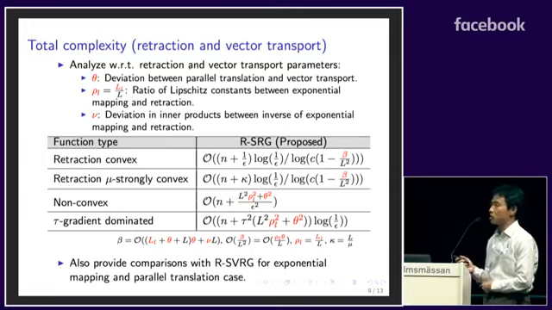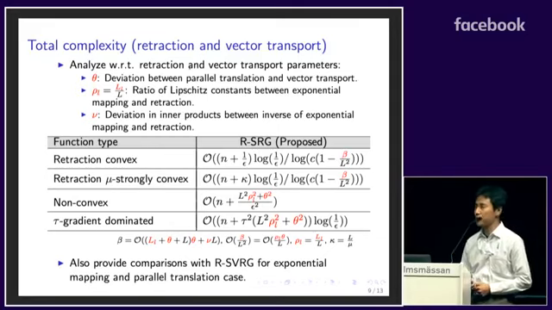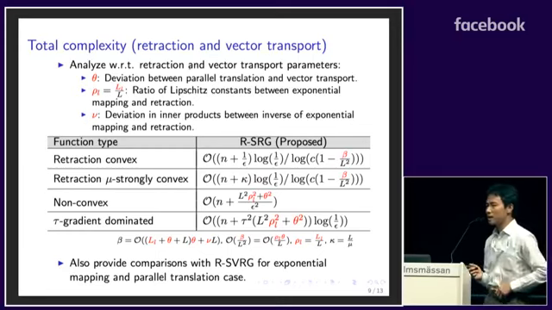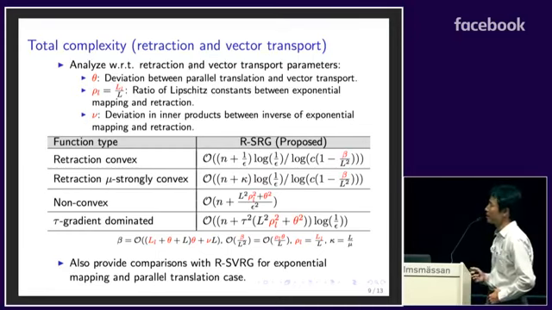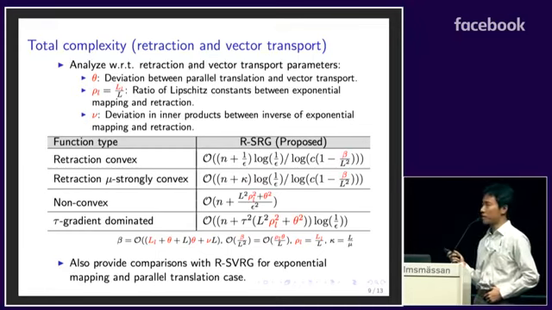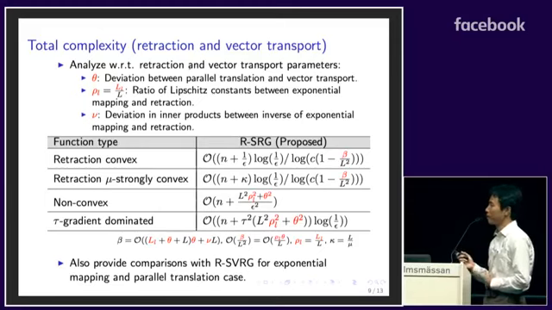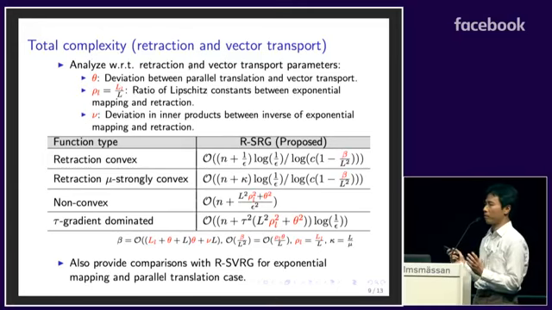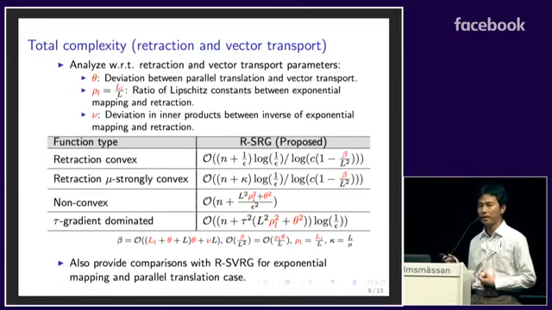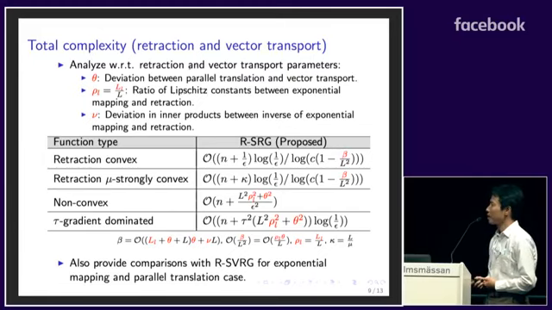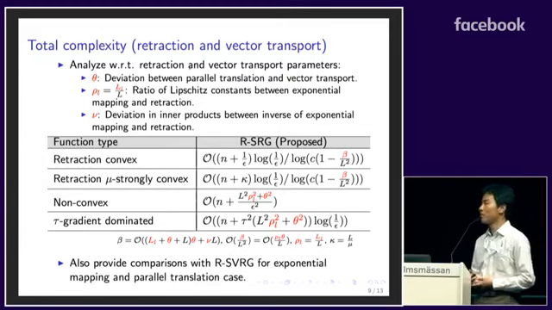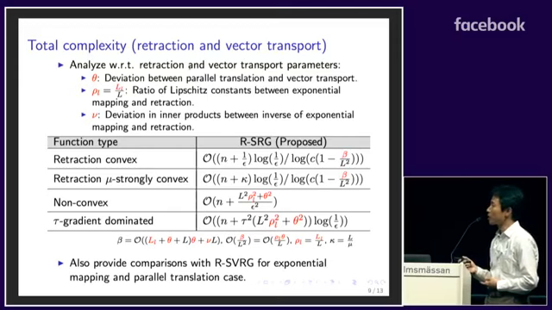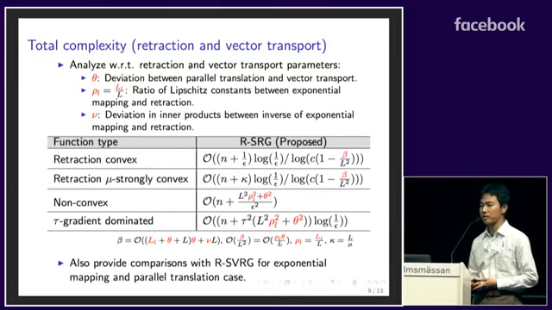The nu is also a deviation parameter in the inner products between the inverse of the exponential mapping and retraction. As expected, the worst case total complexity gets worse when the retraction and the vector transport deviate from the corresponding exponential mapping and parallel translation. We also provide the comparison with the RSVRG for the exponential mapping and parallel translation case.